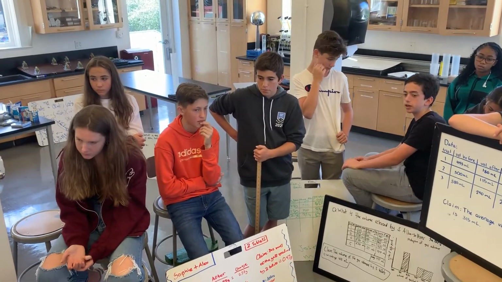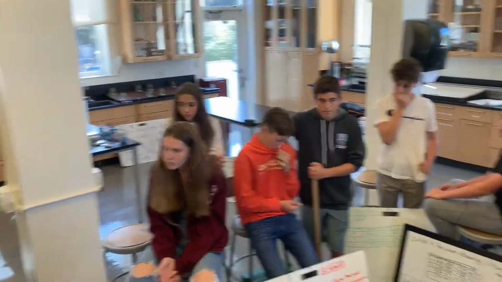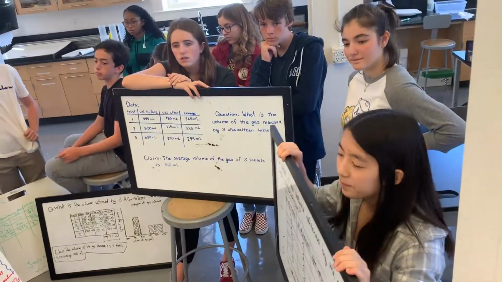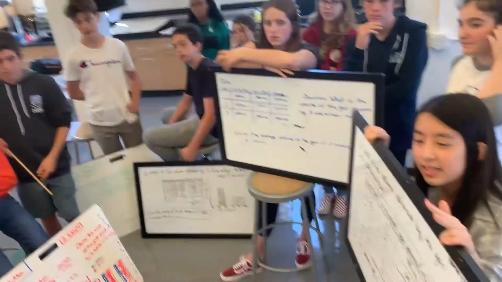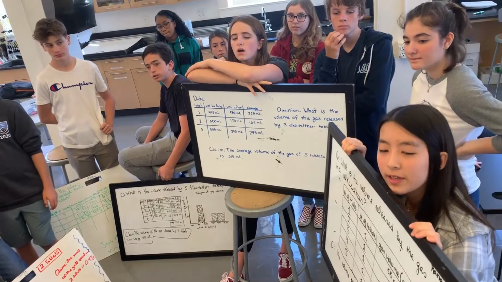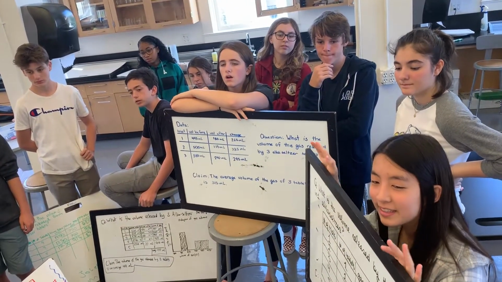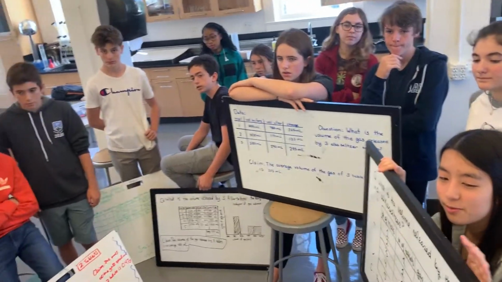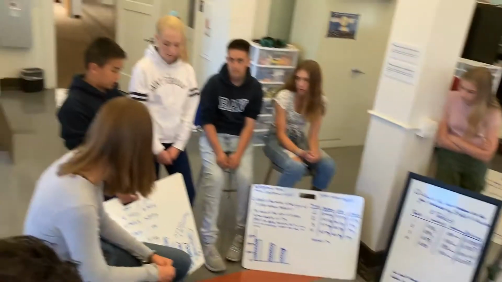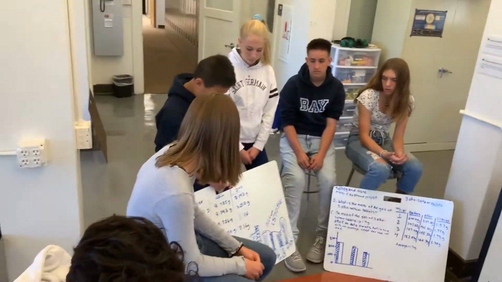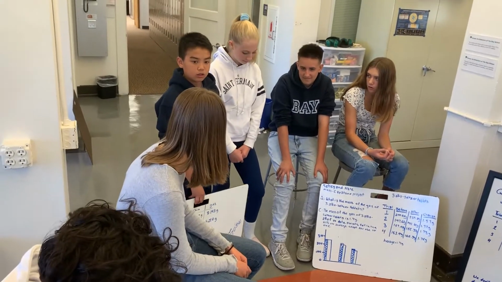It seems kind of large compared to the other group, where it's like 1.7 for also 3 Alka-Seltzer tablets. That was my question too. Your data is very different, so I was wondering if you had any comments. Do you think one is more right than the other, or what might have caused this jump? It might have been our data or the other group's data. We won't be sure because we didn't take enough tests and it's uncertain.